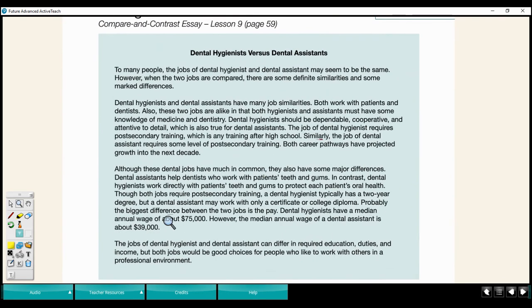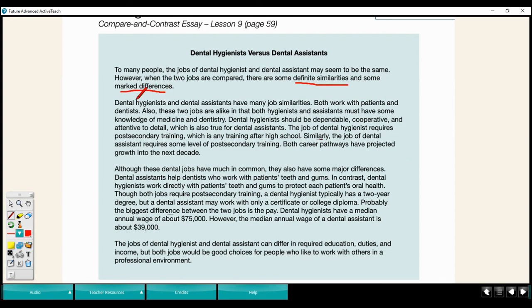And again, I won't read this word for word, but I want to focus on a few things. So the writer here starts out with a very general topic sentence. To many people, the jobs of dental hygienist and dental assistant may seem to be the same. However, when the 2 jobs are compared, there are some definite similarities and marked differences.